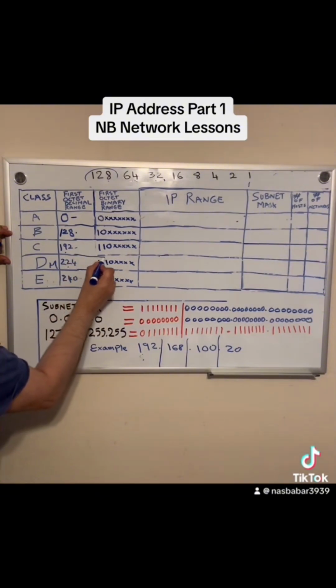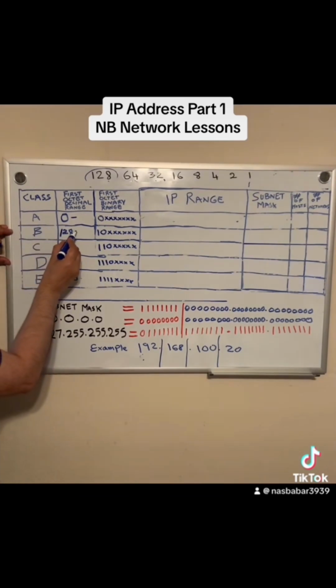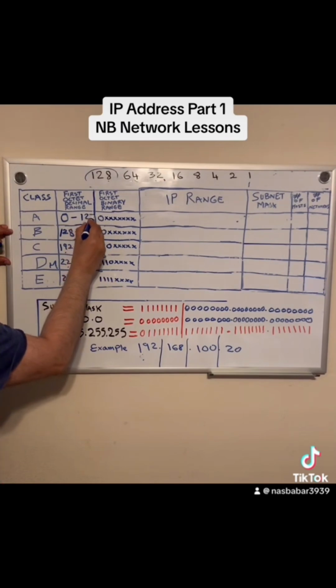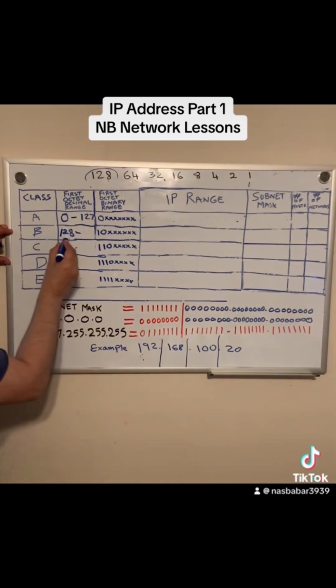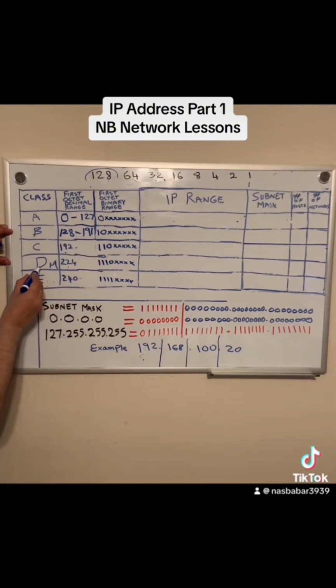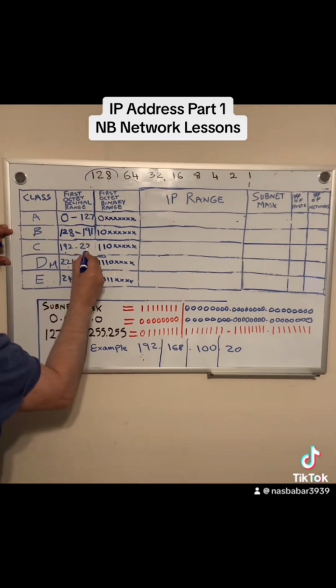So hopefully this helps. If you look in here, Class B starts with 128, so Class A has to end with 127. Class C starts with 192, so Class B has to end with 191. Class D starts with 224, so Class C has to end with 223.